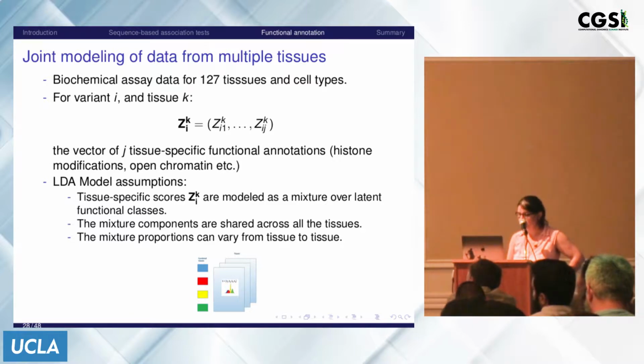The main assumptions are that these tissue-specific scores are modeled as a mixture over latent function classes. These latent function classes are enhancer, promoter, active transcription, and so on. We assume that the mixture components are shared across all the tissues, and the mixture proportions can vary from tissue to tissue.